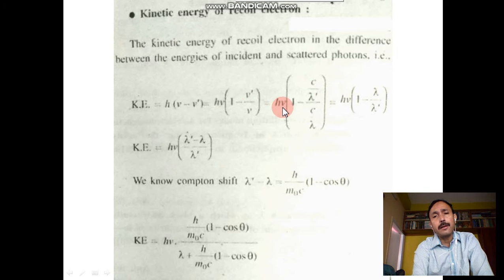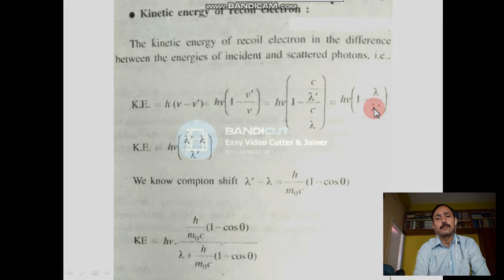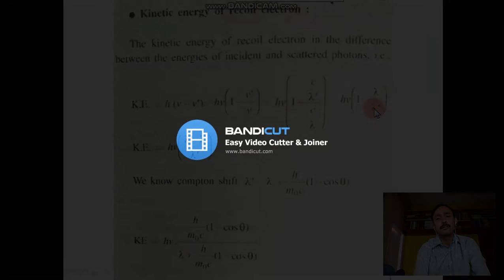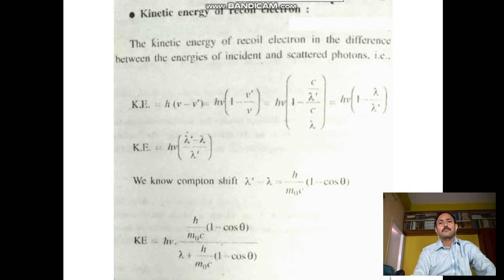So in terms of lambda, h nu 1 minus c by lambda dash by c by lambda. Cancelling out c, h nu 1 minus lambda by lambda dash. So kinetic energy is equal to h nu minus h nu dash.